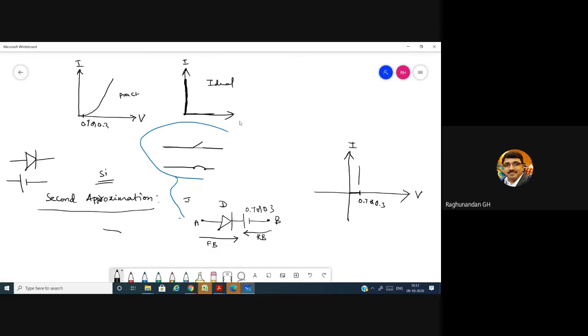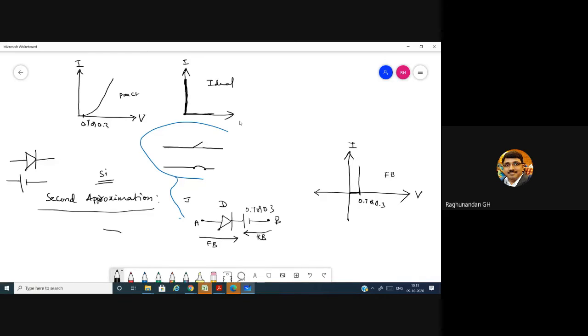After that, the current will be increasing. Can anyone tell me, this is about the forward bias part. According to this, what is the reverse biased graph? Just analyze with this circuit. If the current is flowing like this, current is flowing from B to A.